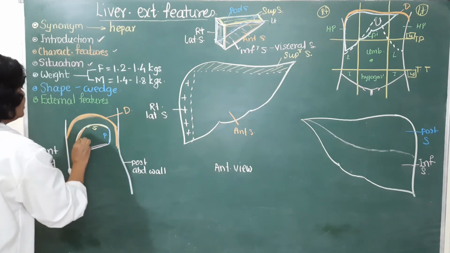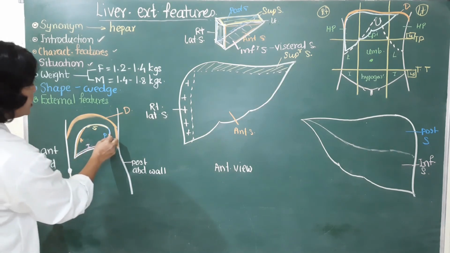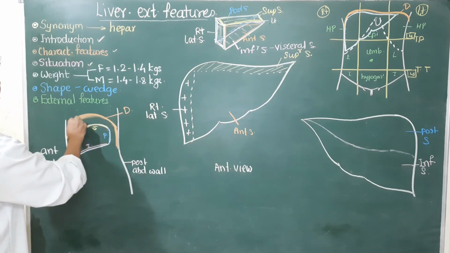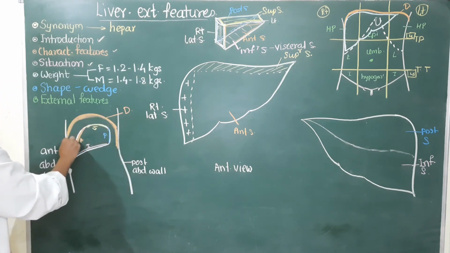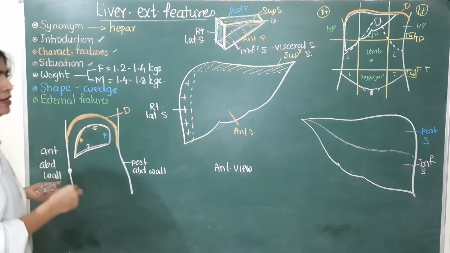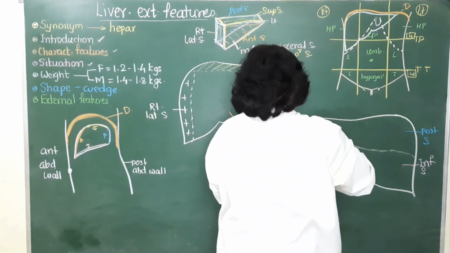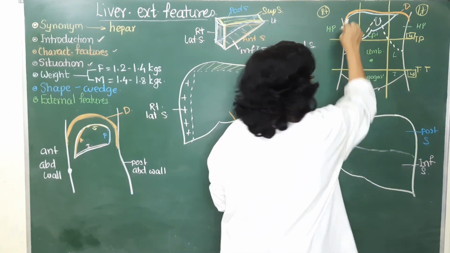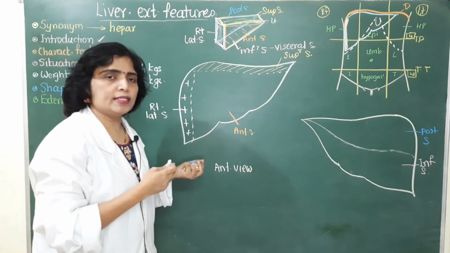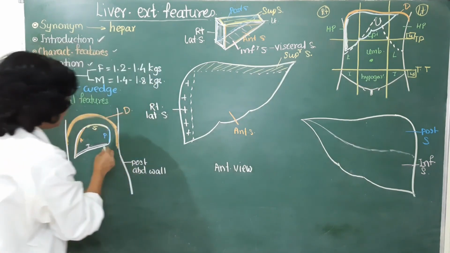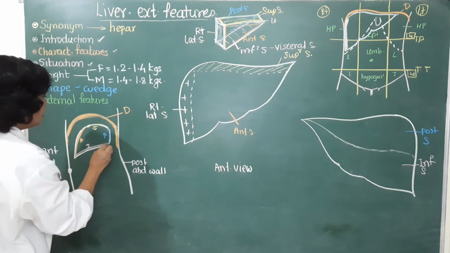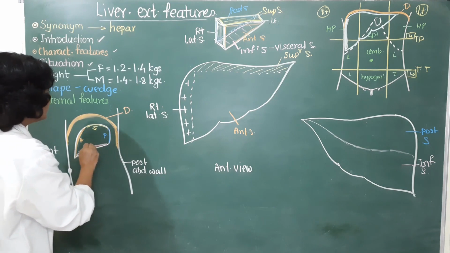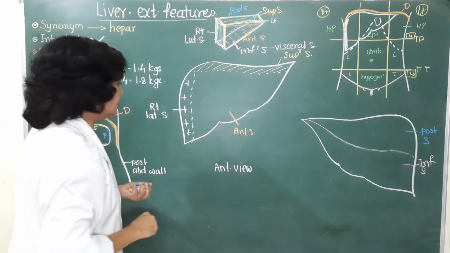So the posterior surface, superior surface and anterior surface are related to the diaphragm, or nearer the wall of the abdominal cavity. Same way, here is the right lateral surface, which is in contact with the wall of the abdomen. So these surfaces are referred to as the parietal surfaces. Well, if you see, the inferior surface will be related to the viscera in the abdomen. So this surface is also called the visceral surface.